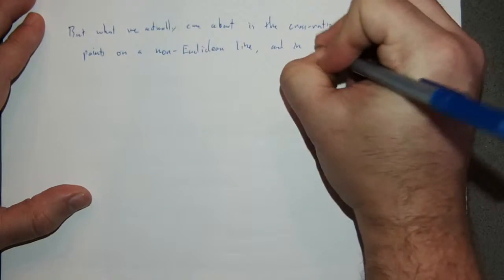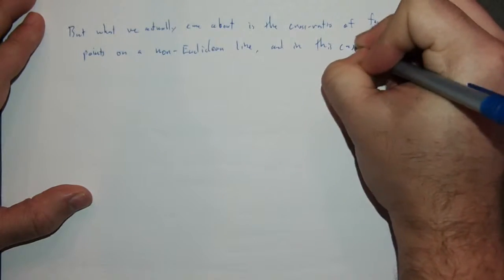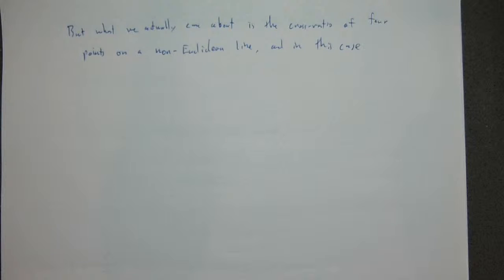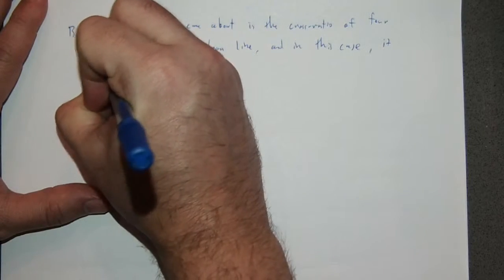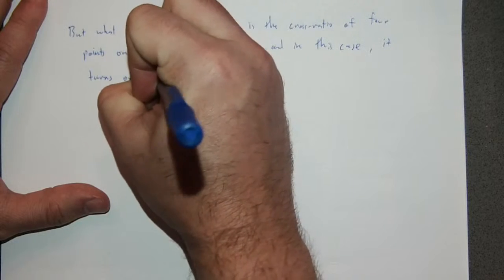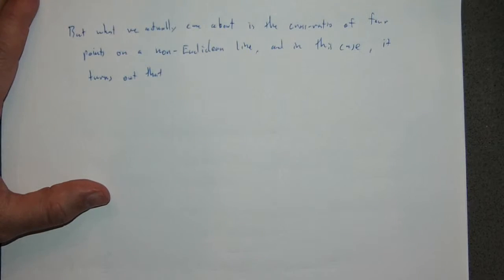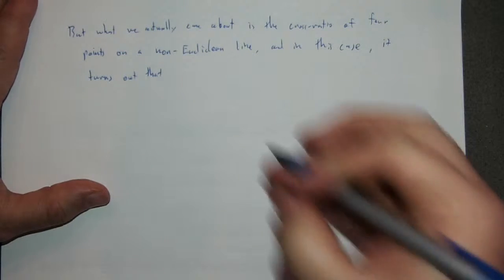And in this case, that is, you have 4 points on a non-Euclidean line, it turns out that the cross ratio of 4 points is real.